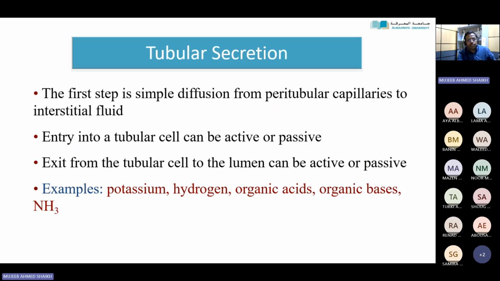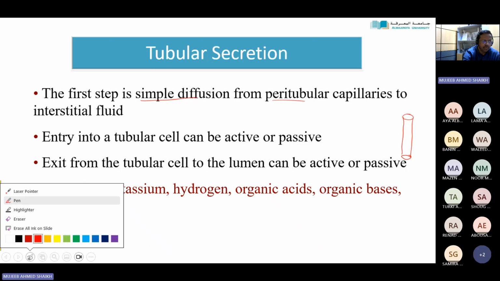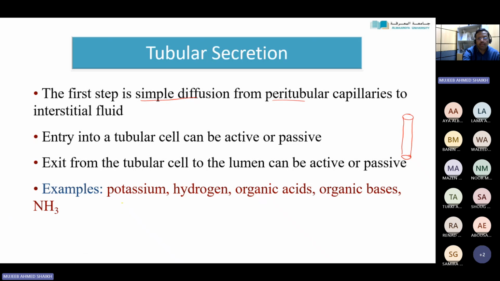So what are the steps? The first step in secretion is simple diffusion from peritubular capillaries into the interstitial fluid. As I showed you in the previous picture, this is a peritubular capillary, and here is the tubule. Let me change the color of the pen so that you will understand which is which.